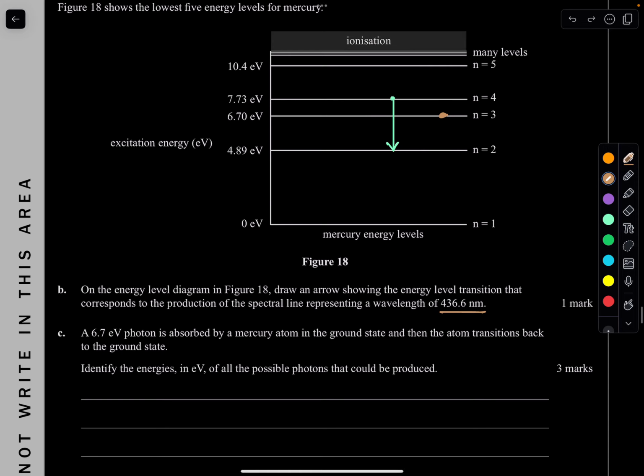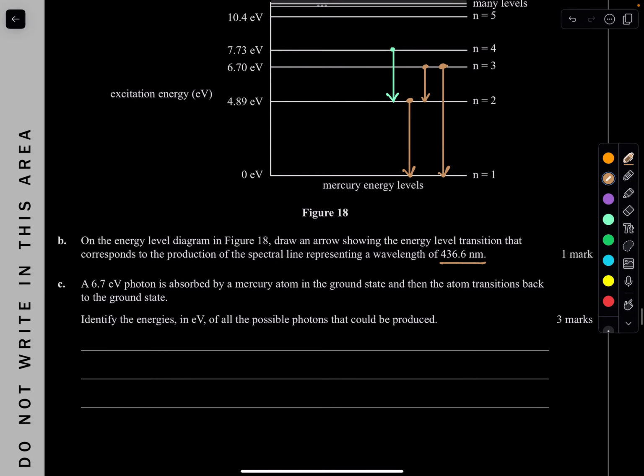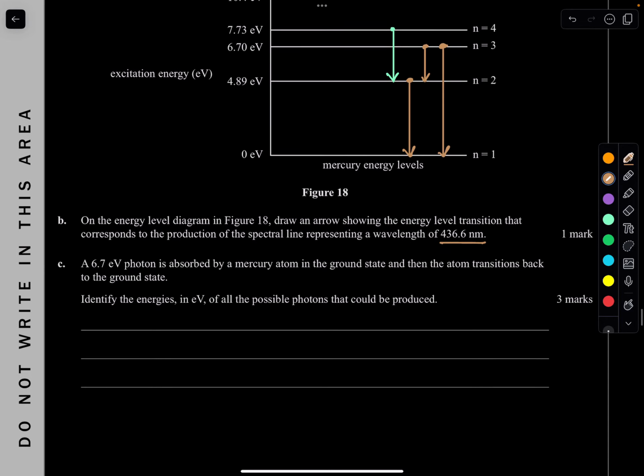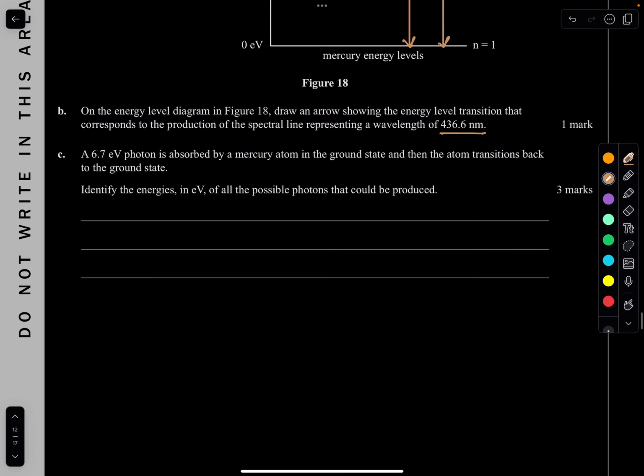Easy. It could go down directly, it can also go down here, and it can also go from here to here. These are all the possibilities. Beautiful. So you just need to write those, and the first one is 6.7 electronvolts.